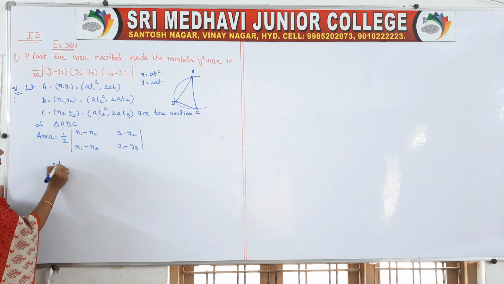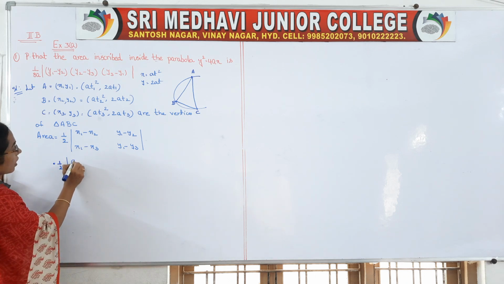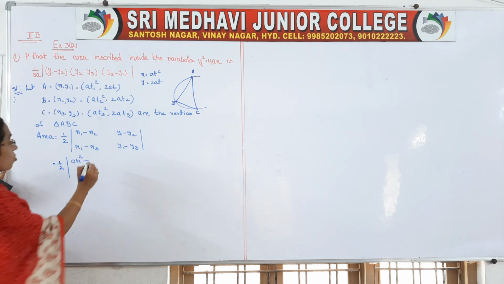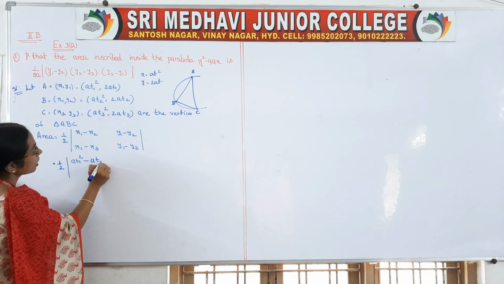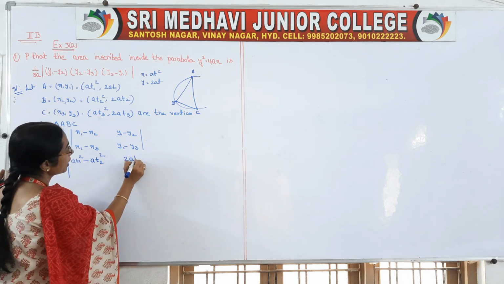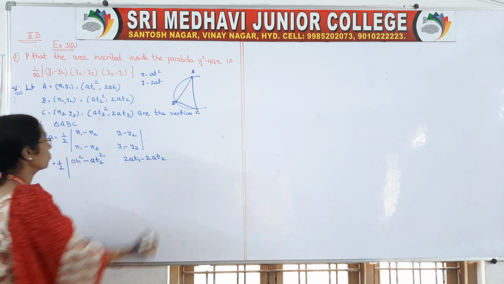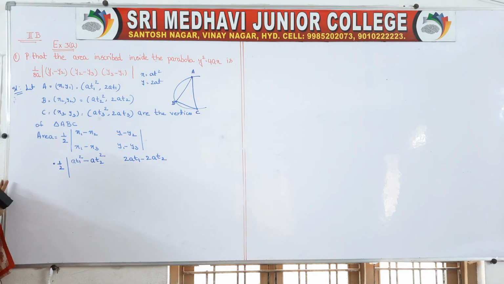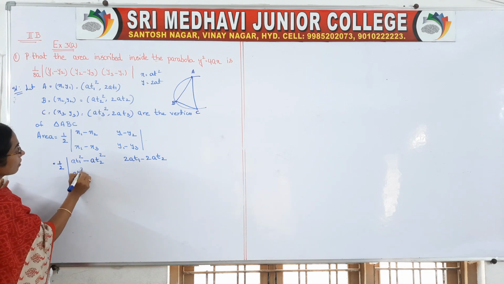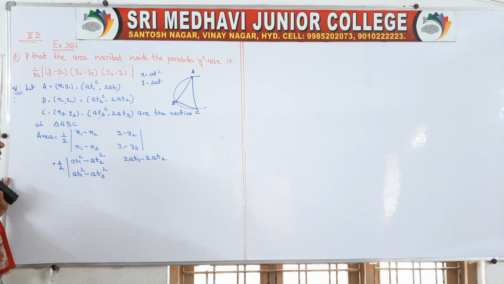So it is equal to 1 by 2 into x1, which is at1 square, minus x2, which is at2 square; y1 is 2at1 minus 2at2. Similarly, x1 minus x3, x1 is at1 square minus at3 square.